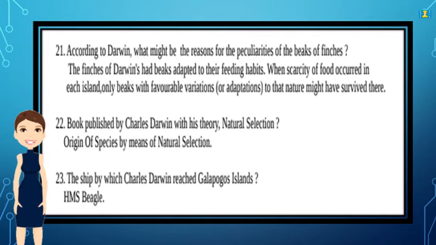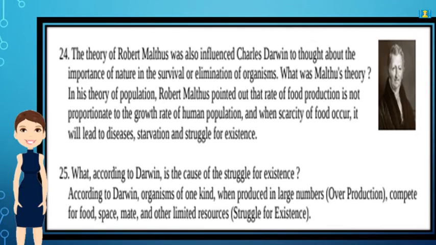Book published by Charles Darwin with his theory: Origin of Species by Means of Natural Selection. The ship by which Charles Darwin reached the Galapagos Islands: HMS Beagle. The theory of Robert Malthus also influenced Charles Darwin to think about the importance of nature in the survival or elimination of organisms.